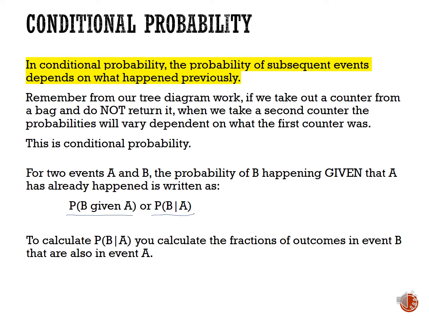If you can do that, then you can just focus on the region where event A has happened, and out of that you can see where event B then goes on and happens. I think it's easier to show in some examples. Before we get onto that, let's have a quick look.